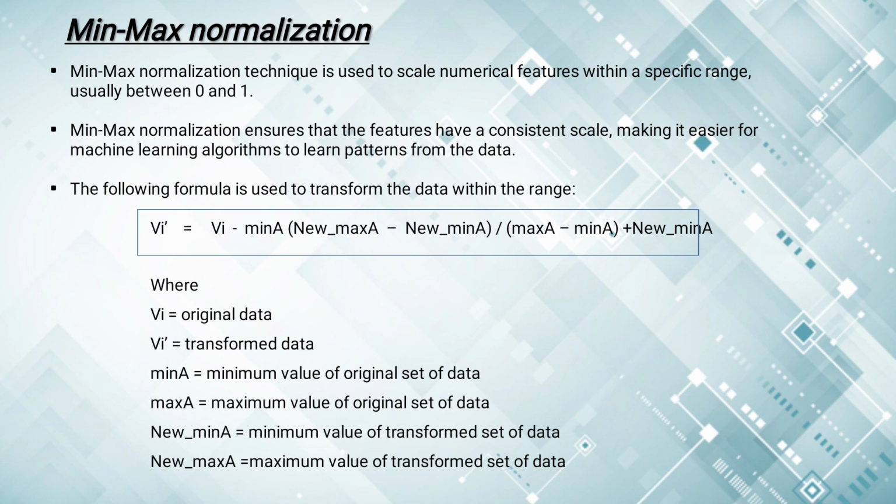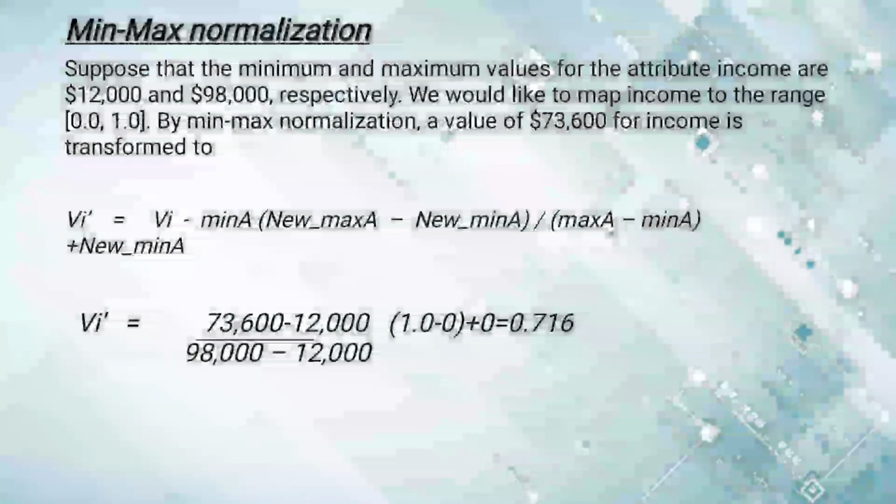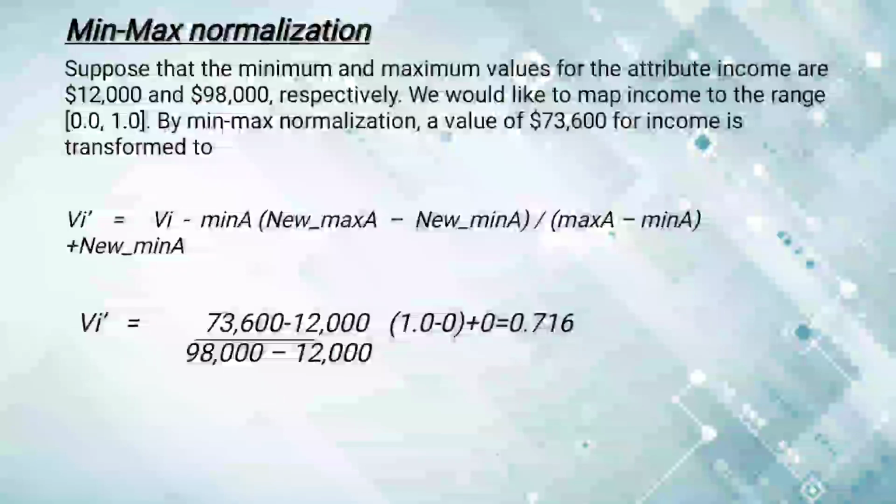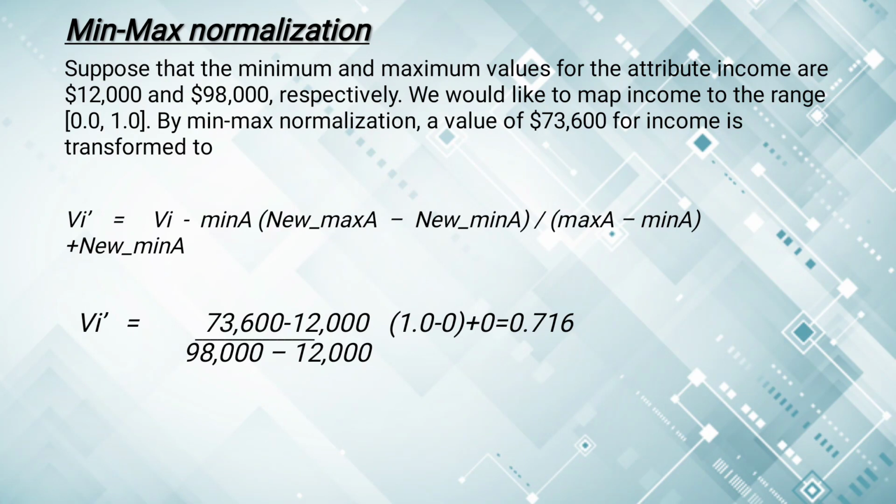Now we have to discuss an example in this. Here the question is, suppose that the minimum and maximum values for the attribute income are 12,000 and 98,000 respectively. We would like to map income to the range 0 and 1.